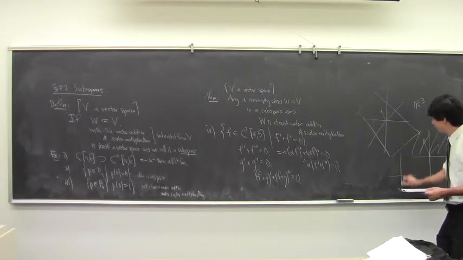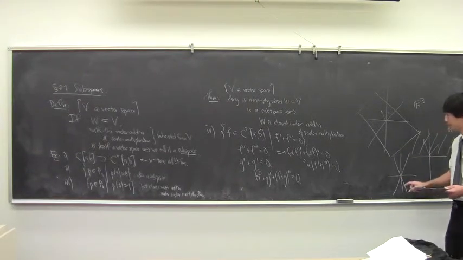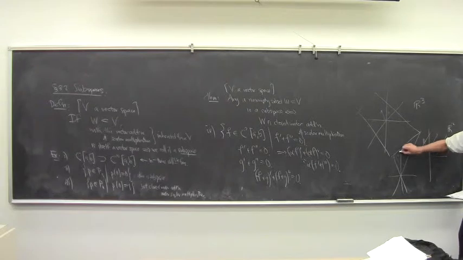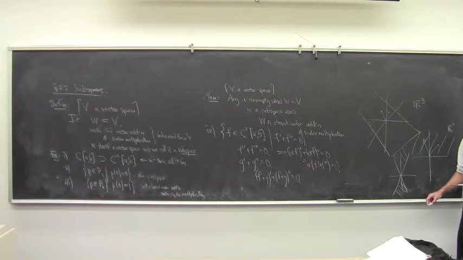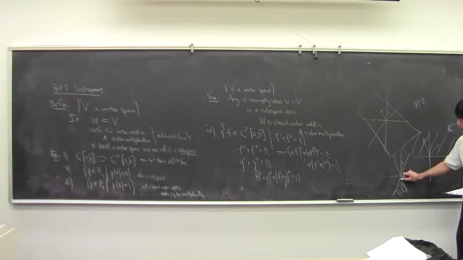Okay. Similarly, if I had something like this, is this a subspace? Why not? Well, if you had a vector in there, you could multiply by a negative number and get outside the space. No, it looks like if I multiply the vector by a negative number, I'm still in my space.